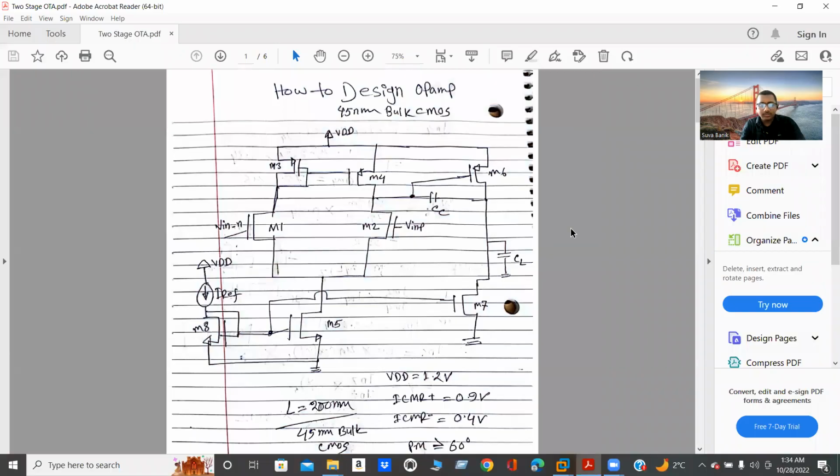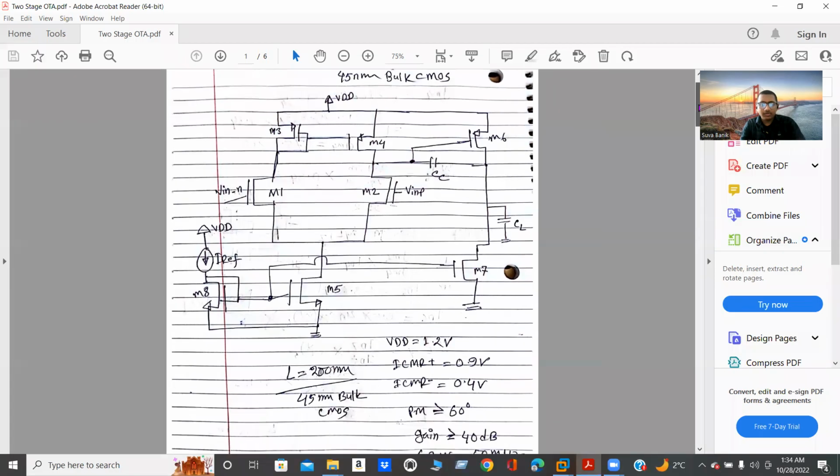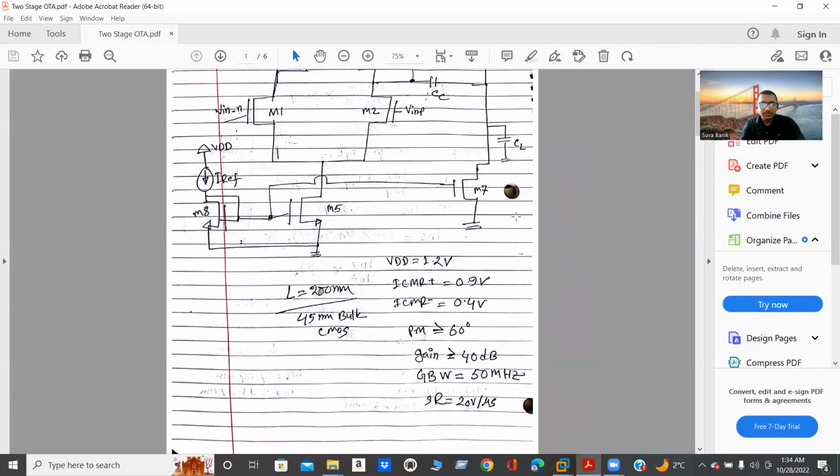First of all, I would like to design this circuit. This is a self-biased two-stage OPAMP. I will design this circuit using a 45 nanometer bulk CMOS process. First of all, let's consider some specifications.